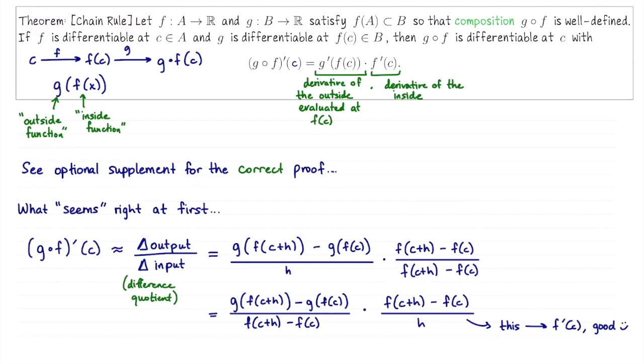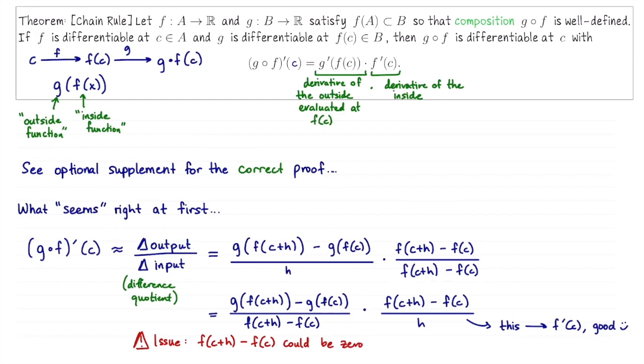But it's not really a proper difference quotient. The issue here, and it's hard to see this, is that f of c plus h minus f of c could be 0. And that doesn't happen when h is non-zero in a difference quotient.